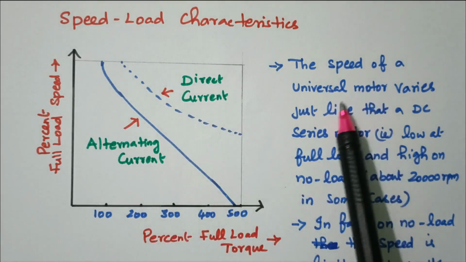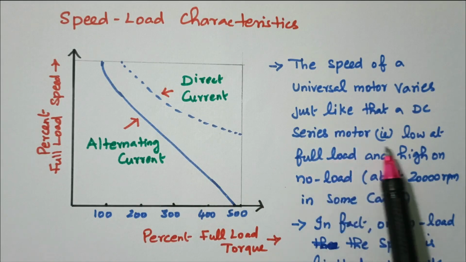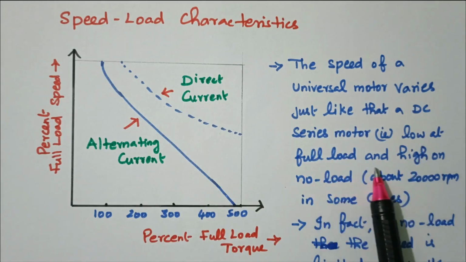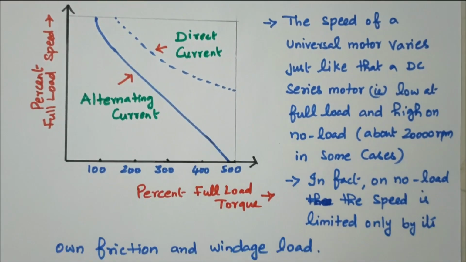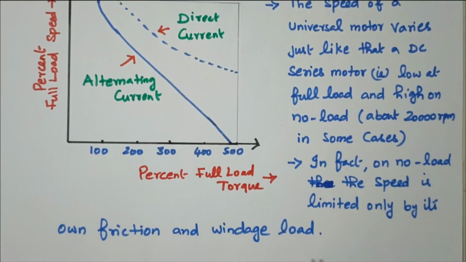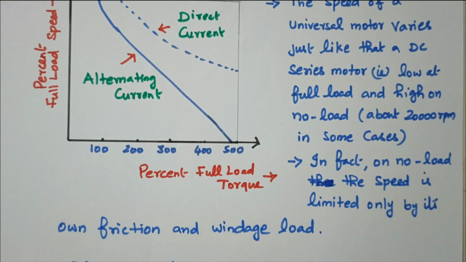The speed of a universal motor varies like a DC series motor, low at full load and high at no load, right? It is about 2000 RPM in some cases. In fact, on no load the speed is limited only by its own friction and windage load. During no load also it is rotating at a high speed.